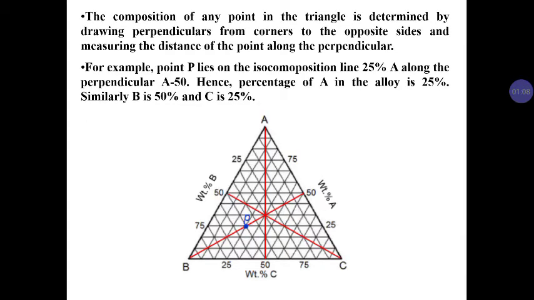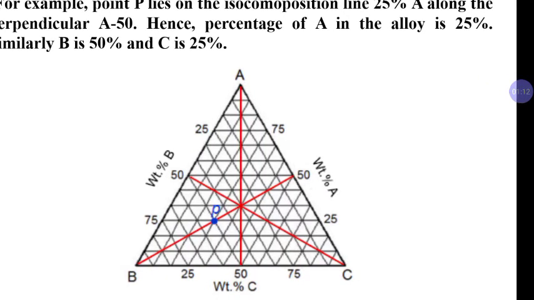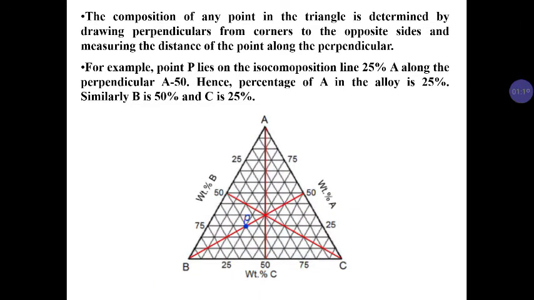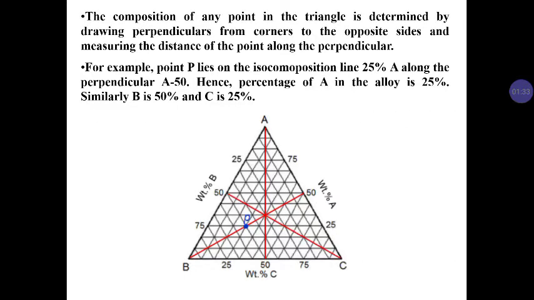As shown here, A, B, C are three different metals, and this is depicted as a prism with an equilateral triangle base. Pure components are at each vertex, sides are binary compositions, and ternary compositions are within the triangle, which means the pure metal is at the vertex.